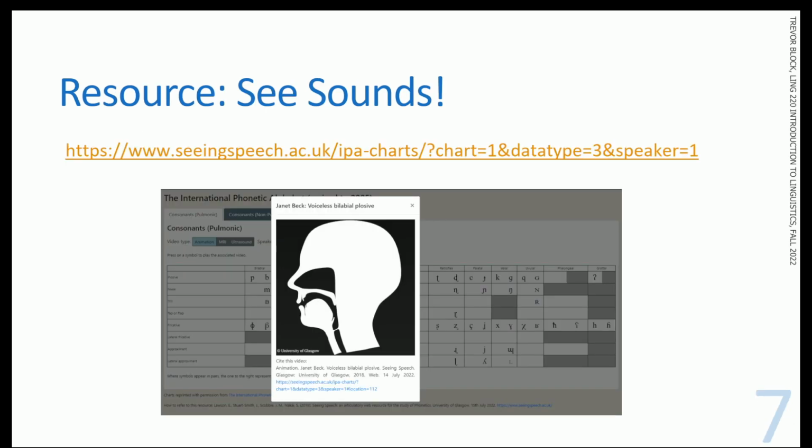What I encourage you to do, if you're confused about how to pronounce any of these sounds or what's actually happening, is to use this resource. If you click on any of the sounds in the IPA chart, you can look at an MRI or an animation of how these are produced, so you can actually understand what's happening inside your mouth at the same time you're pronouncing them. You may have some variations depending on your first language that contrast with what you see in the animation.